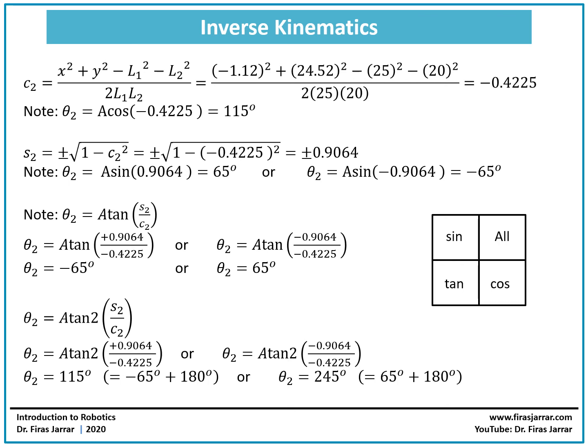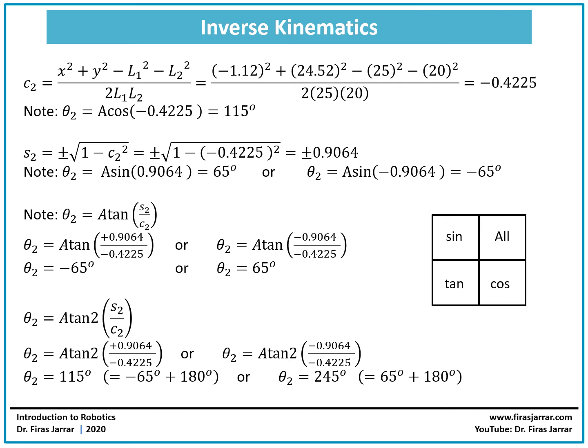Now, what if you wanted to use your calculator? Pick up a calculator and try to find the cosine inverse of minus 0.4225. You are supposed to get 115, which is the same as the first value we obtained before for theta 2.